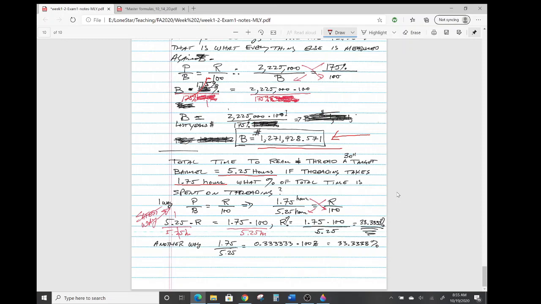We want to know what the rate is, right? So it's 1.75 times 100. You cross multiply again. R times that. That gives us 5.25 times R. We know we're going to divide this side by 5.25 because we want R by itself. What we do over here, we have to do over here. So we take the 1.75 times 100, divide by 5.25.